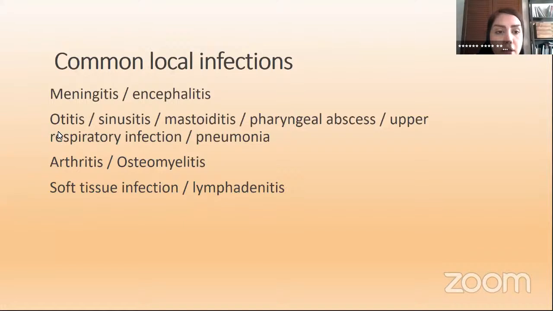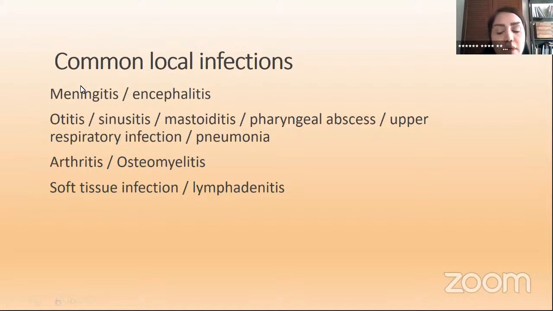Here, I brought some important diseases, like I just read them. You should have them in your mind when you are examining the child: meningitis, encephalitis, otitis, sinusitis, mastoiditis, pharyngeal abscess, upper respiratory infection, pneumonia, arthritis, osteomyelitis, soft tissue infection, and lymphadenitis.